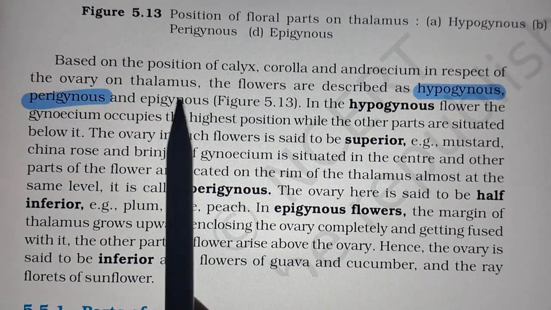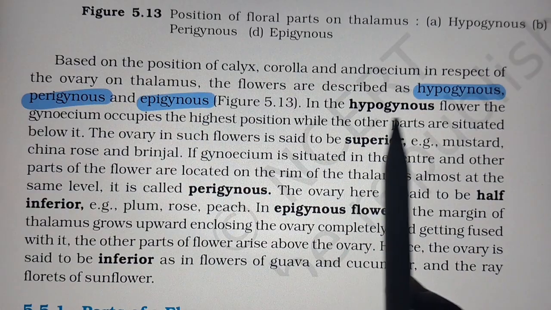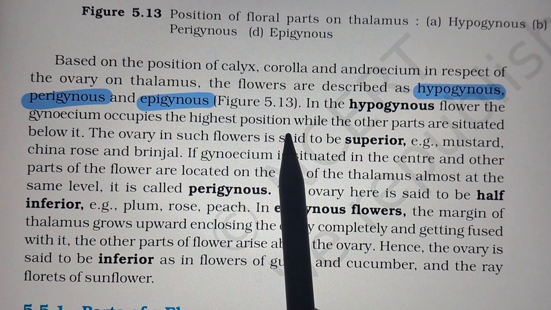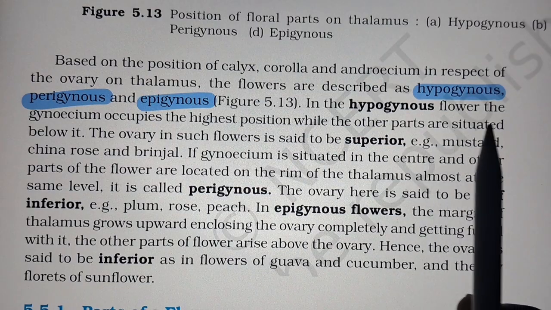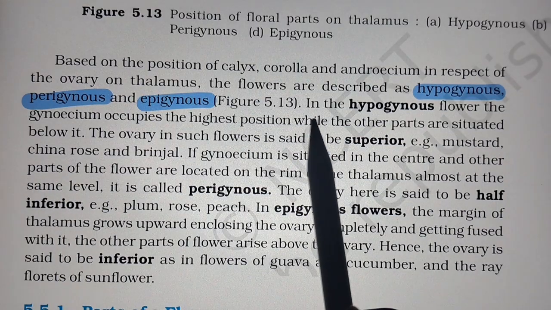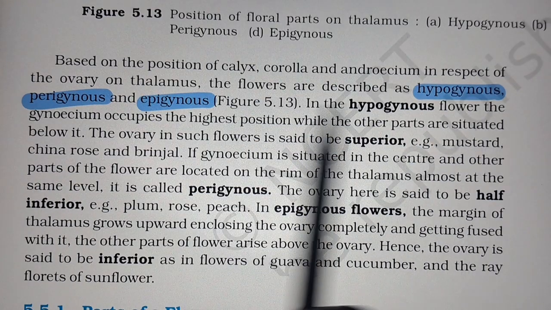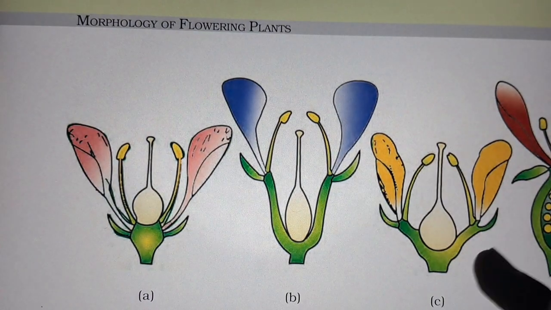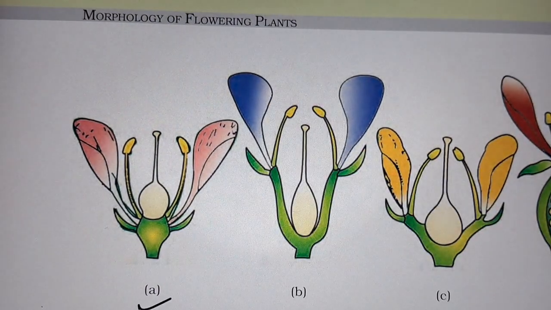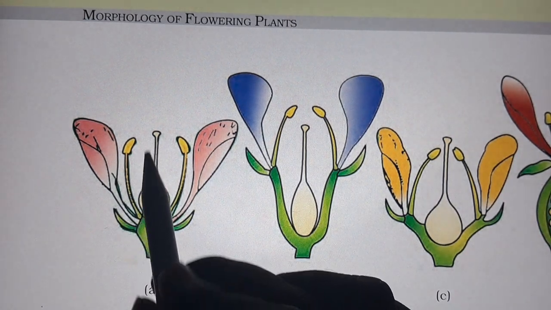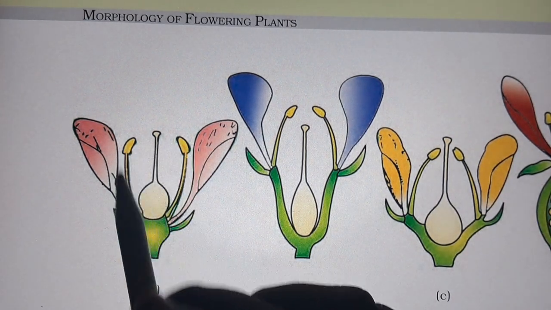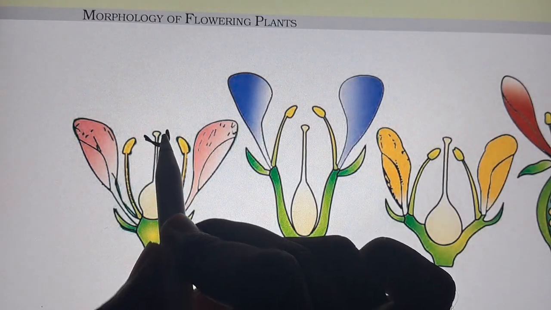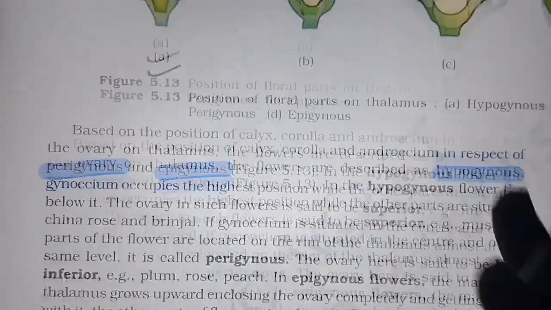The flowers are described as hypogynous, perigynous and epigynous. In hypogynous flowers, the gynoecium occupies the highest position while the other parts are situated below it. This is hypo, where this one is the gynoecium, this is anthers, this is androecium, where gynoecium is highest.